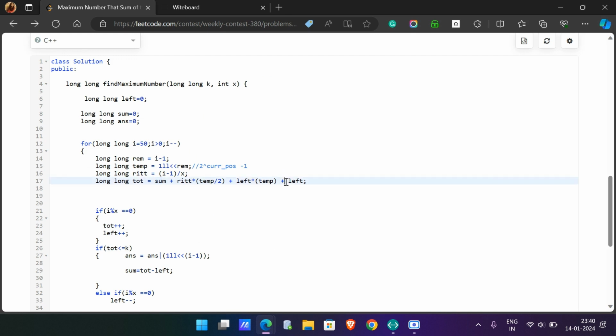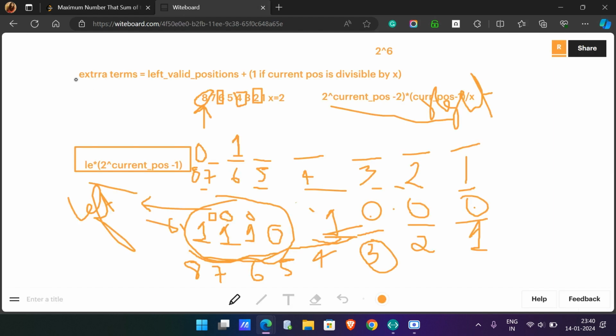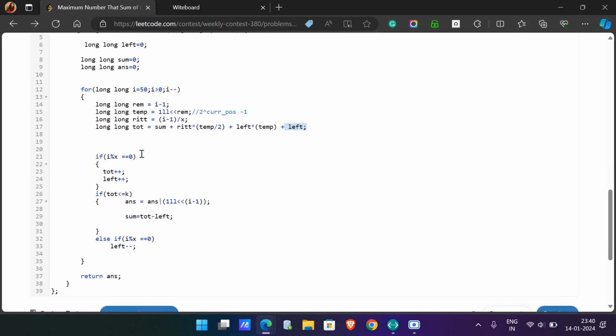And I'm adding left. If I wanted to have the 1 at my current position, then I need to check for the extra terms. If the current position is divisible by x, then the total should be exceeded by 1, and also the left position, because the current position is divisible by x.